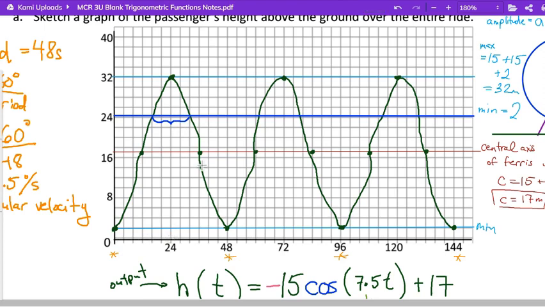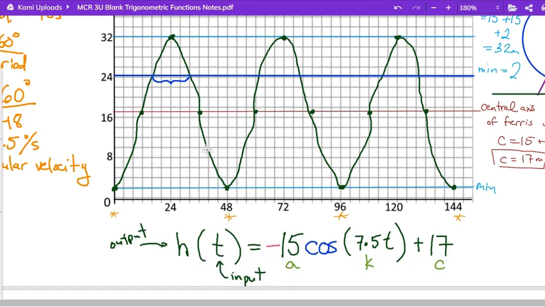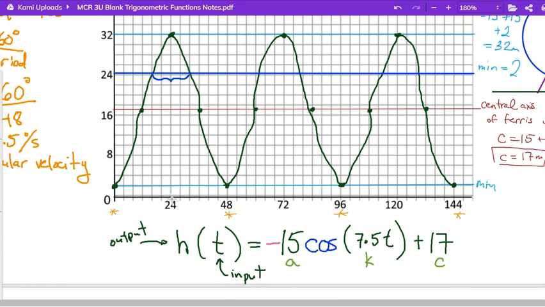How many seconds does each block represent? Look at the time axis. If this is 24, every interval is 4 seconds. So I've got 1, 2, 3, 4. Do you have about 4? Okay, so I have approximately 4 intervals, which is 4 times 4 seconds, which is 16.